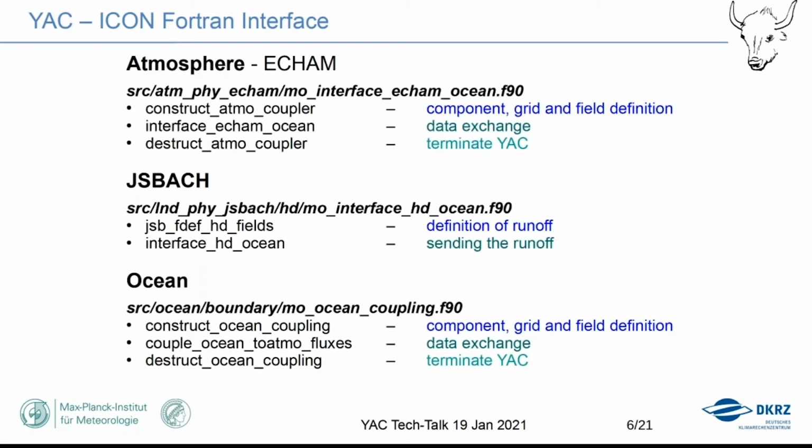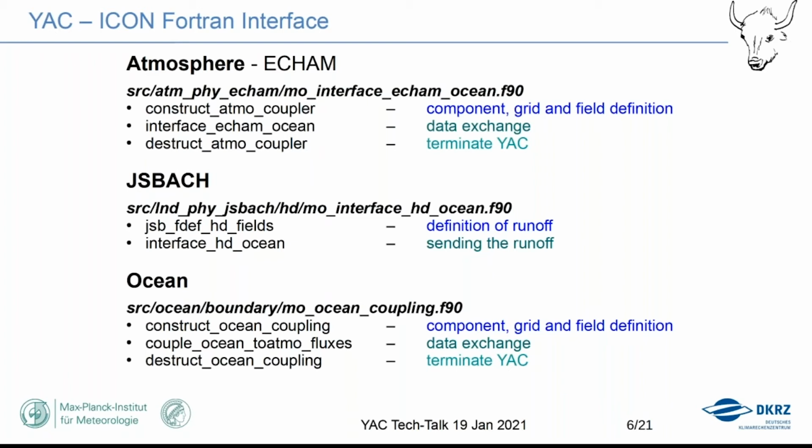So how the interface to YAC is implemented in Icon, that is currently done in the current releases. It's basically located in 3 files. So there is one module file for the atmosphere, and here only for the ICOM physics. I will come to NWP later.